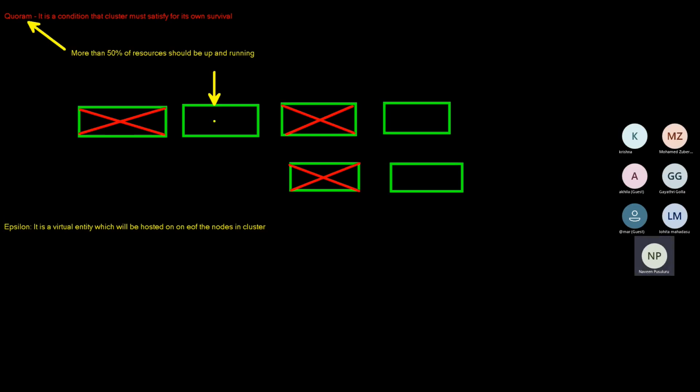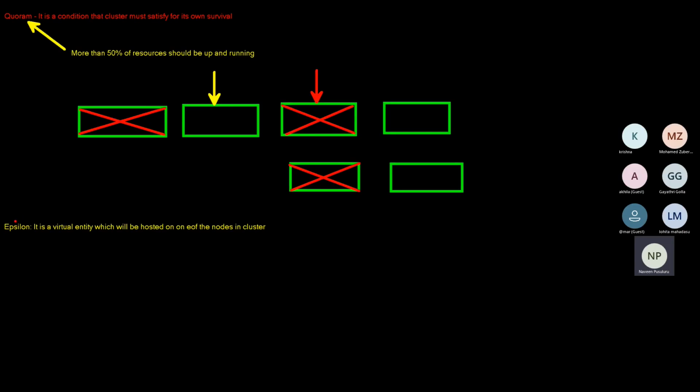My entire cluster will run as usual. For example, accidentally, if my epsilon is on one of the nodes which went down, then it will shut down the remaining nodes which are up and running also, because epsilon is also considered as a node.